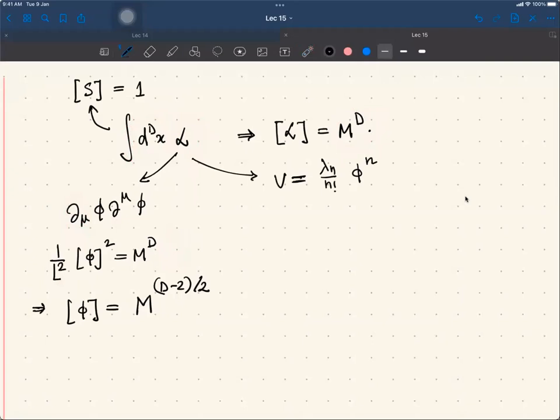To calculate the mass dimension of lambda_n, we require that V is equal to the mass dimension of lambda_n times the dimension of phi to the power n, and the dimension of phi is M to the power (d minus 2) divided by 2.